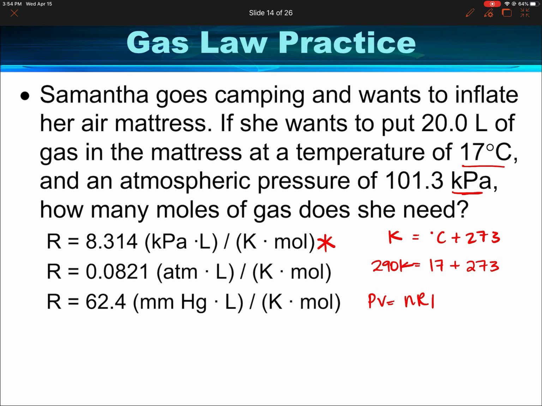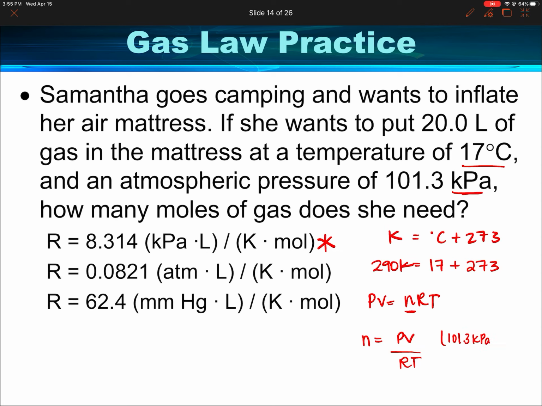Okay, so now PV equals nRT. What am I solving for? How many moles of gas does she need? I'm solving for n, right? So n equals PV over RT. And then I'm just going to plug and chug.